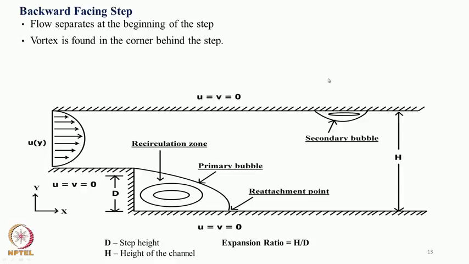Here also you can observe for some part of the location u is positive, that is going from left to right, and for some part of the location u is negative, that is going from right to left, and this u positive or u negative depends on your coordinate definition. So, for the coordinate definition that you have chosen, I have explained u positive and u negative.